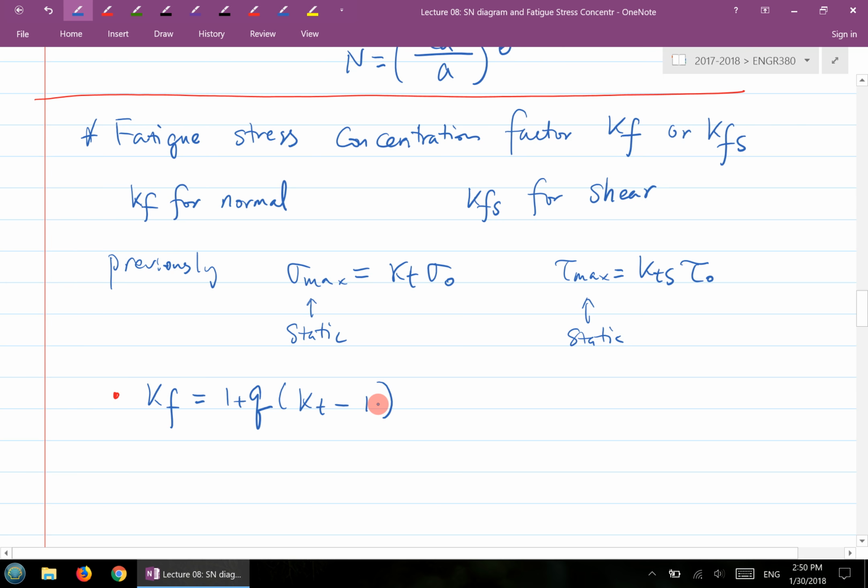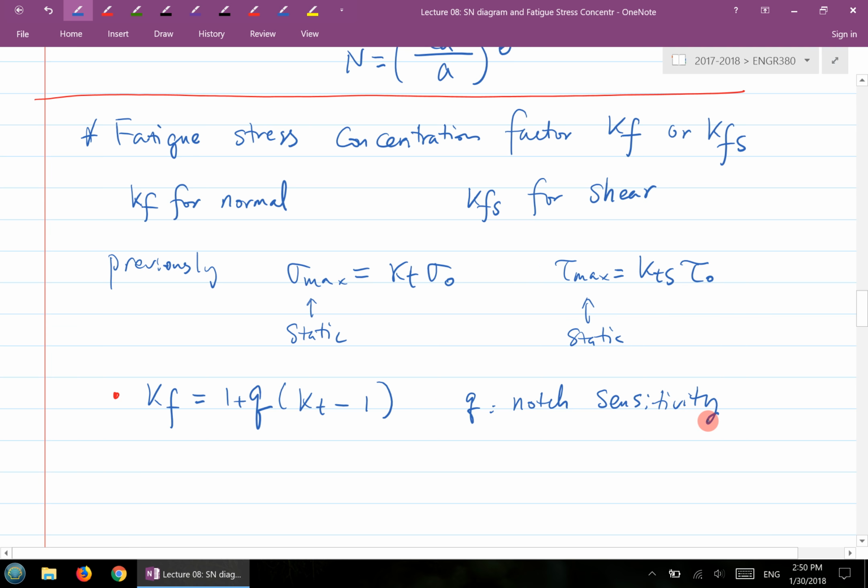So for calculating this fatigue stress concentration factor, Kf, this is the formula. And in this formula, the q is called the notch sensitivity.